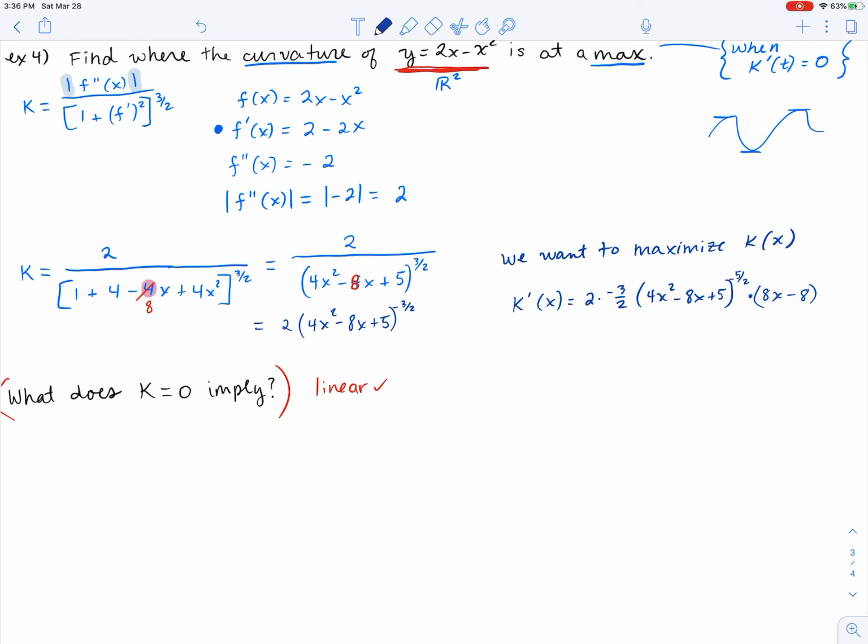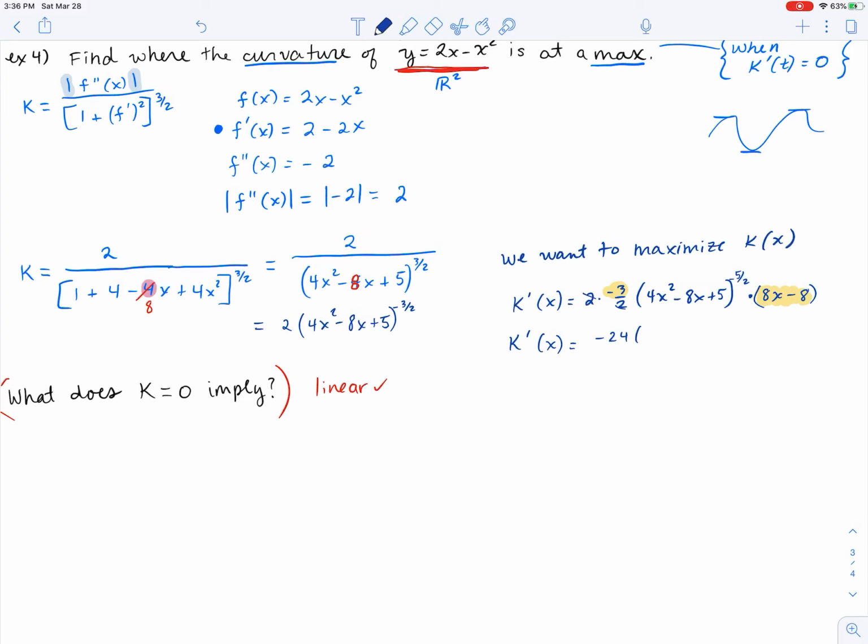Okay, so now what we have in the numerator is this change. We have this negative 3 and we have this 8x minus 8. So I'm going to go ahead and factor out the 8.